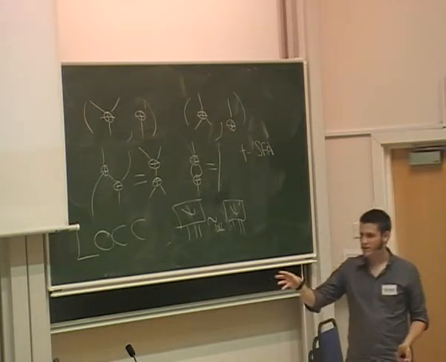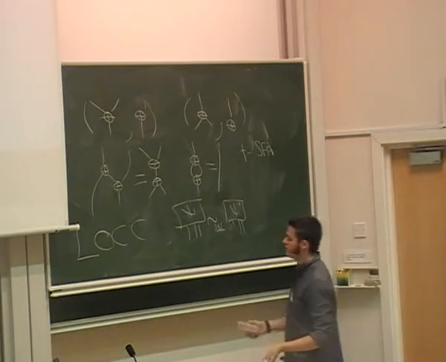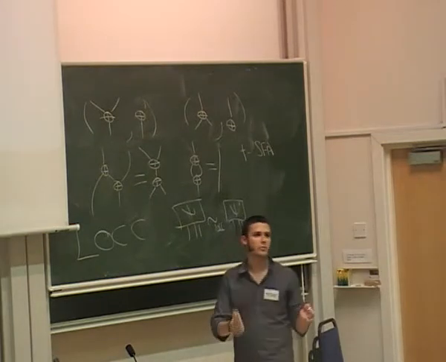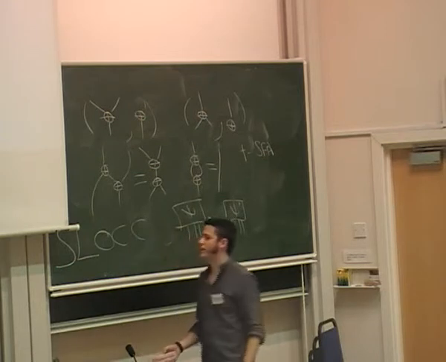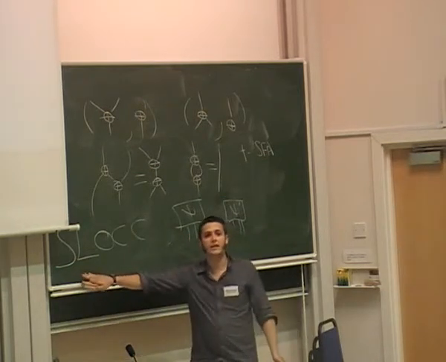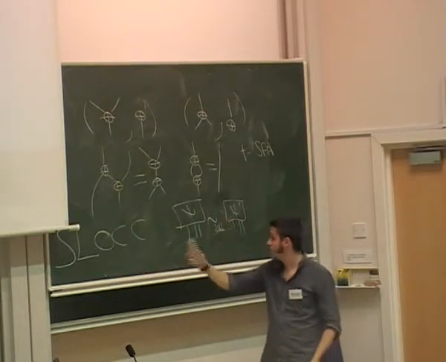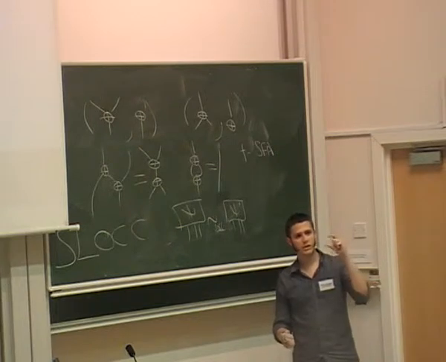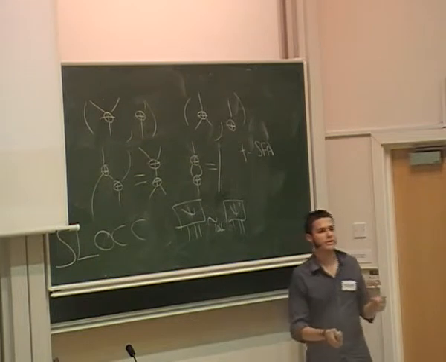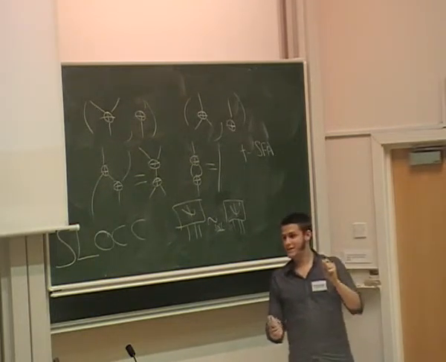When you go to three-partite, there's a big mess of them if you go to LOCC. So a number of years ago, Dür, Vidal, Cirac, and some others did SLOCC. The S is for stochastic. So rather than just local operations with classical communication, you have stochastic local operations with classical communication. Before, where I said unitary local operations, now I just mean invertible local operations, which seems like a small tweak.